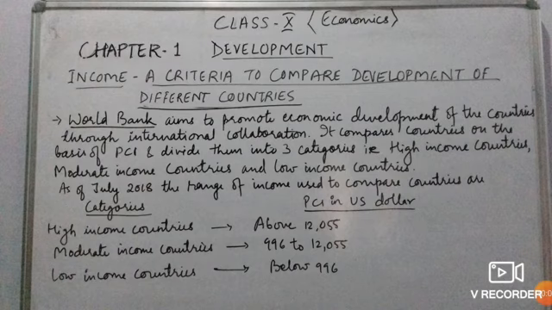Here is an example. As of July 2018, the income ranges used to compare different countries are: high income countries are those where the per capita income in US dollars is above 12,055, whereas moderate income countries are those where the per capita income lies between 996 and 12,055, and low income countries are those nations having per capita income less than 996 in US dollars.